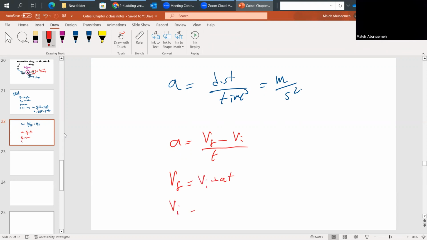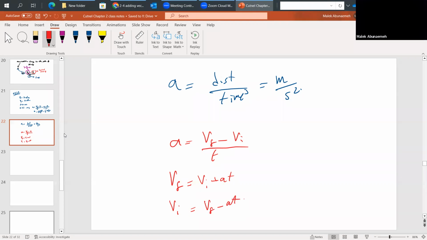If you solve for the initial velocity, it'd be VF minus A times T.